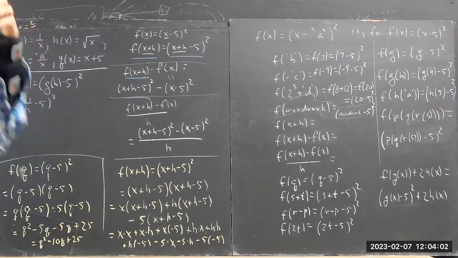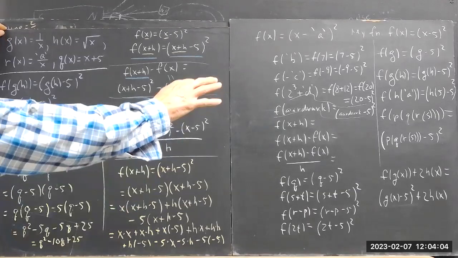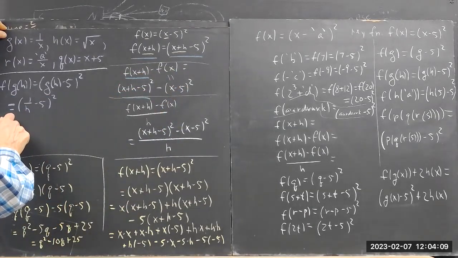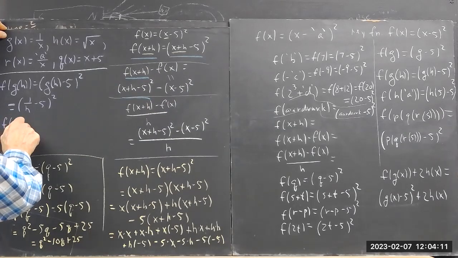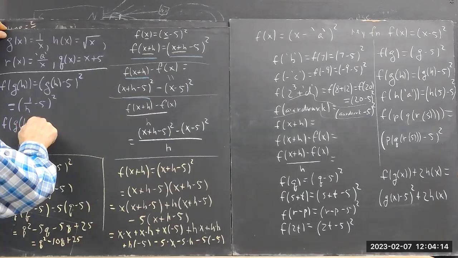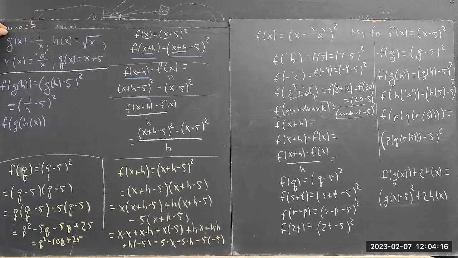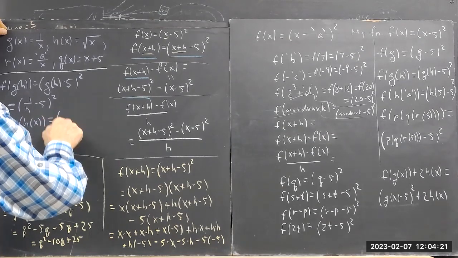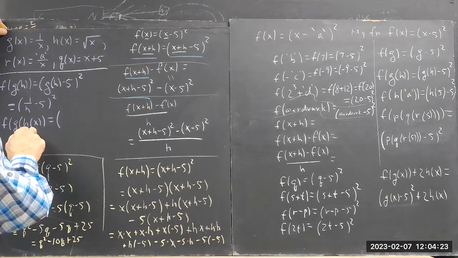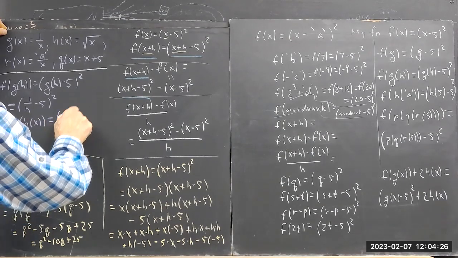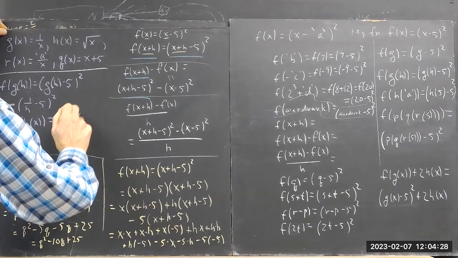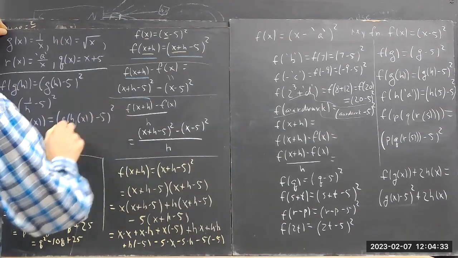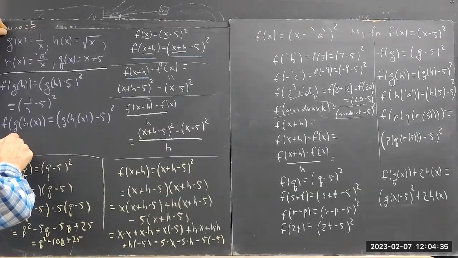If I wanted to do f of g of h of x, we get, well, g of h of x minus 5 squared.